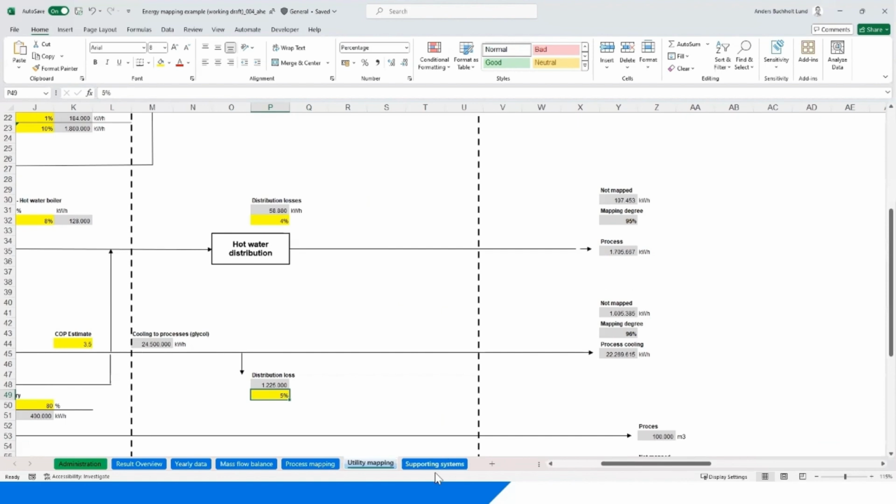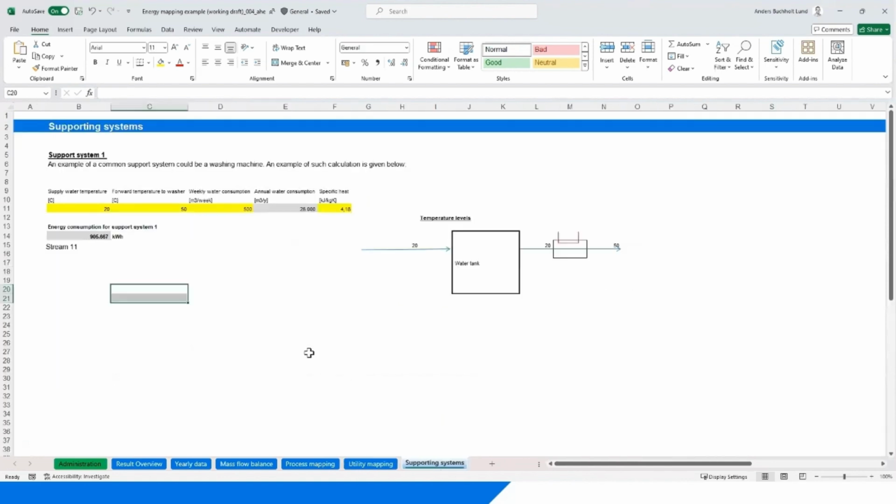Yeah, then we go to the second last sheet here, which is the supporting system. That is the kind of systems that don't really fit into the conventional mass flow balance and process mapping.